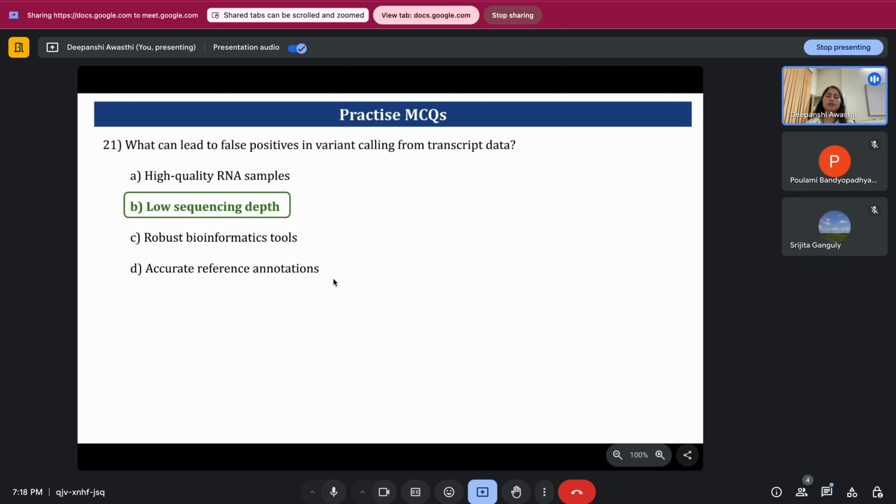Or we can say that accurate reference annotation has nothing to do with variant calling from transcript data. These are just for comparisons. For assembly, we use the reference. Even if we have an accurate reference, but we do not have properly taken RNA-seq data, then it has nothing to do with false positives. So low sequencing depth is the right option.